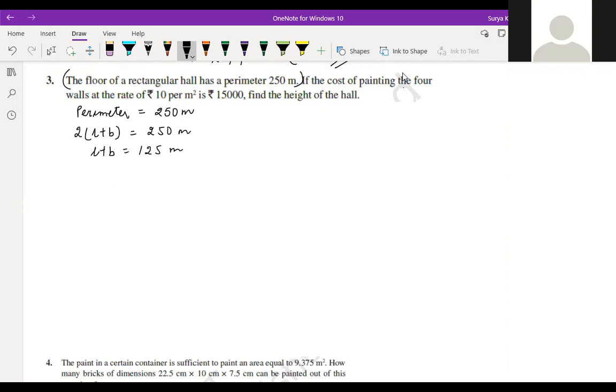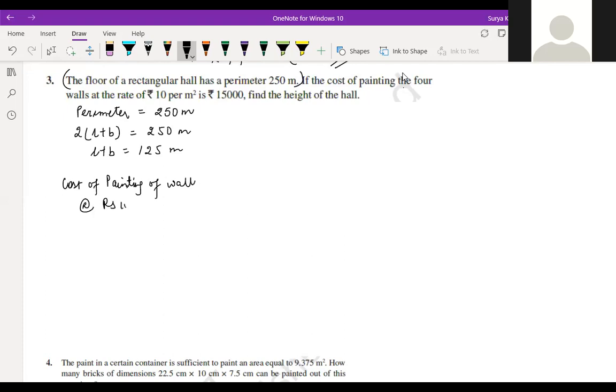Now the second part of it is, if the cost of painting the 4 walls at the rate of rupees 10 per meter square. So cost of painting of wall is at the rate of what?